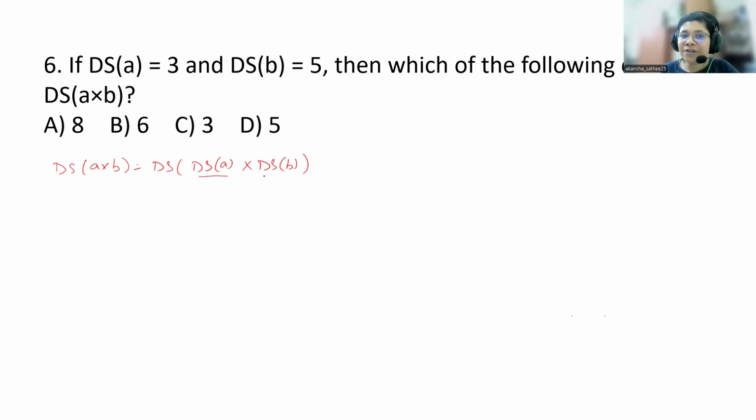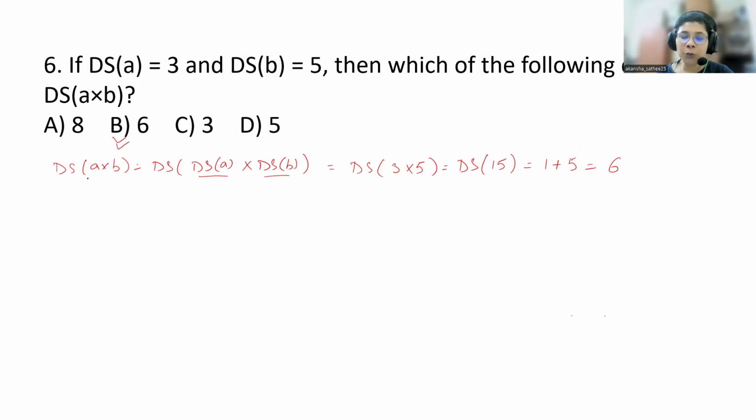Digit sum of A is 3, digit sum of B is 5. So the digit sum of 3 into 5 is 15, isn't it? So 1 plus 5 is 6. So it is 6. Am I clear?